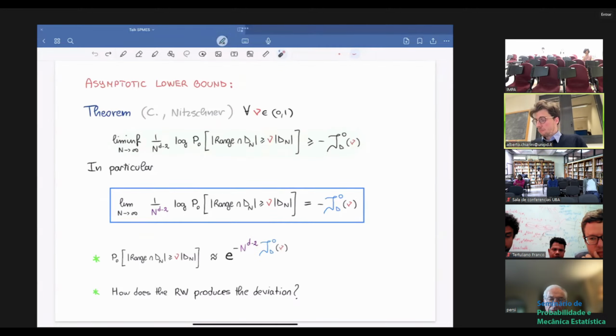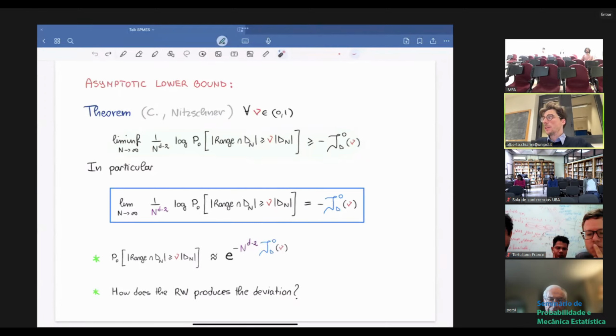Okay. So I want to explain a little bit some heuristics on how to get this lower bound. And I wanted to explain also how the random walk produces such a deviation.